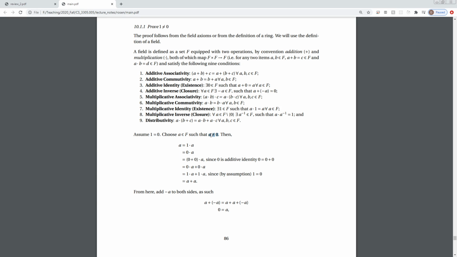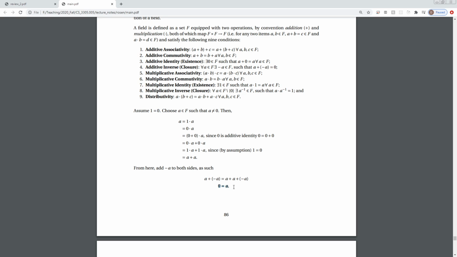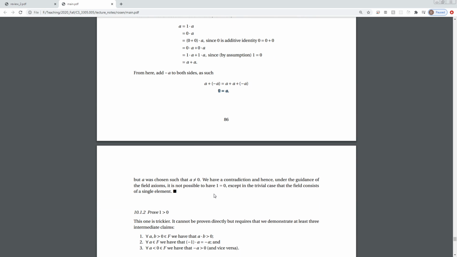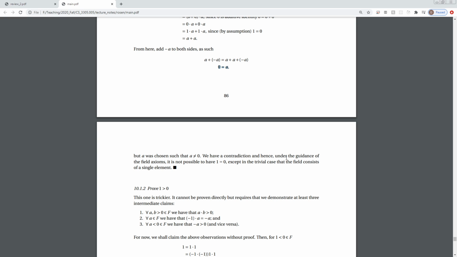We made our choices, and our assumption that our multiplicative and additive identities were the same led to a contradiction. So it's not possible that they are the same.